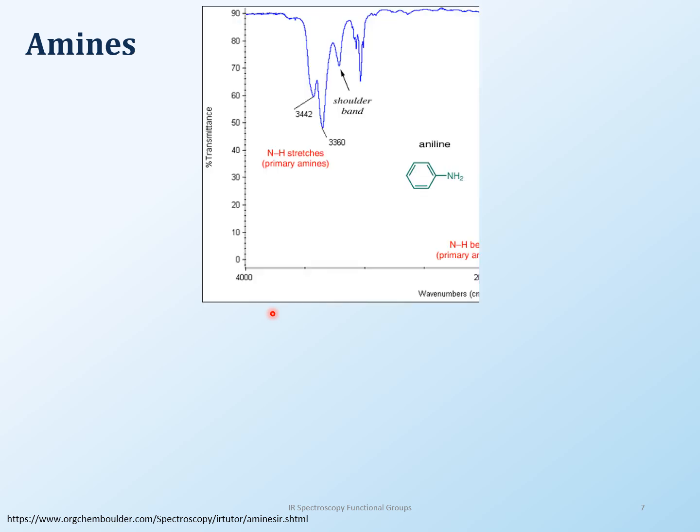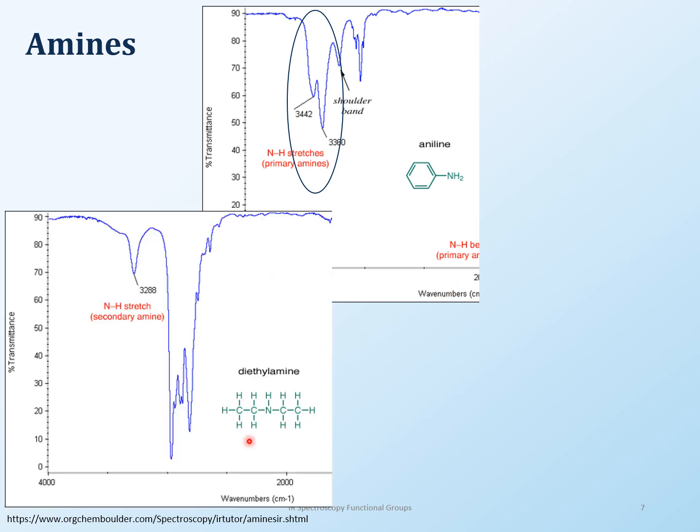All right, I thought I'll show you here how the primary, secondary, and tertiary are working for us. So here is a primary amine, this is aniline, and very clearly you can see the two peaks right there, very nicely. I have cut the spectrum so it doesn't take up all this room. And then here is the one for a secondary amine where you have one hydrogen, very nicely you see the one peak.